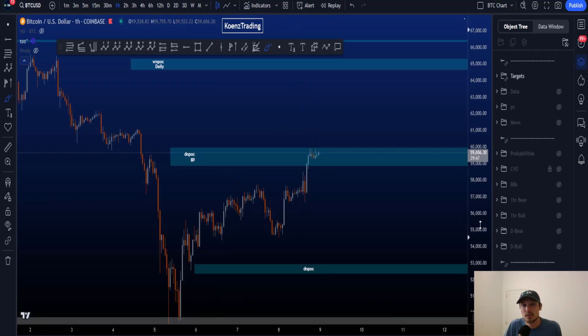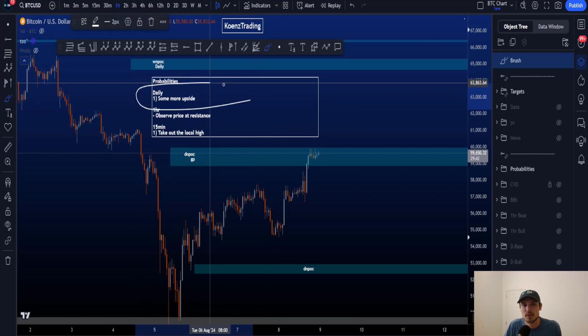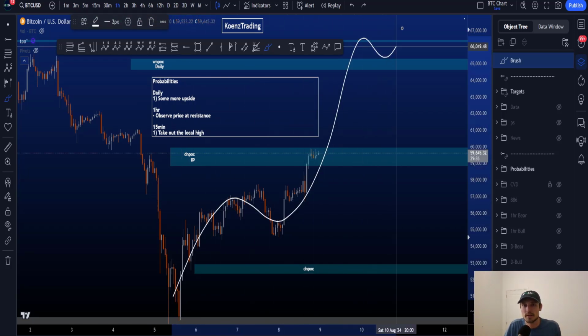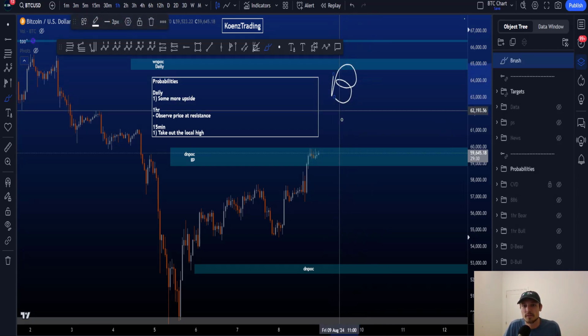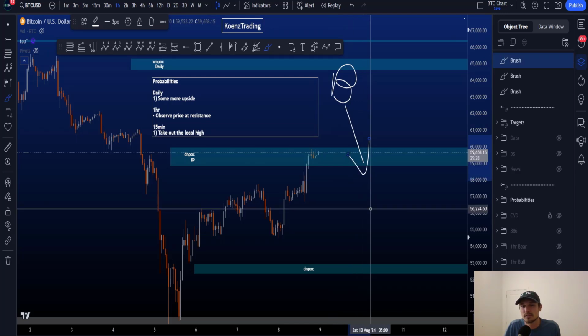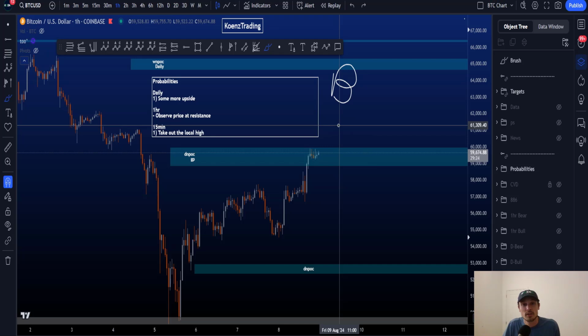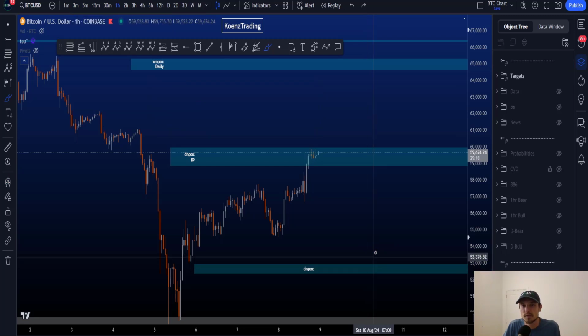And if we then finally look at the probabilities of the different scenarios, then on the daily time frame we are preferably looking for still some more upside, both of course in a very impulsive structure where we look for a bigger impulse up to continue the trend, but also even in the bearish scenario where we are looking for a wave B and then a wave C to the downside, you preferably still move towards the upside first, just to make sure the target of your wave C of wave Y, as shown in the analysis, is above 38.5k.